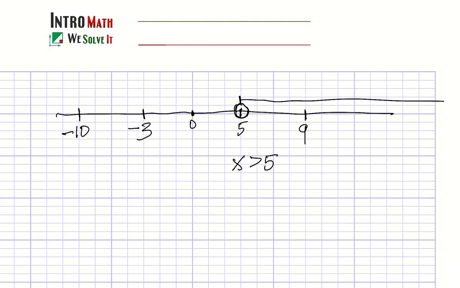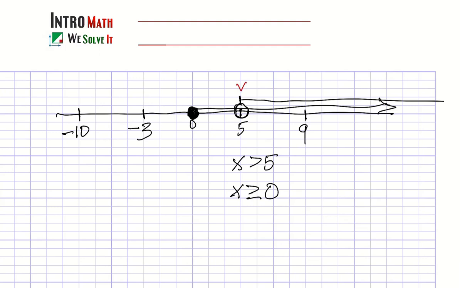Okay, but suppose I give you another example. Say that x is greater than or equal to 0. When I say that, it means 0 is included. So it starts here and goes to the right, but you have to include 0, so you shade it completely.